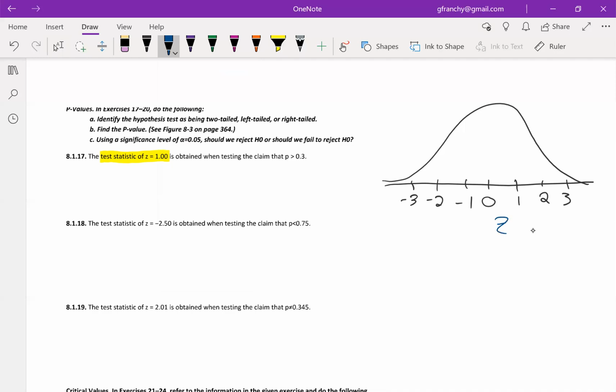It represents how many standard deviations away from our claim value our sample result was. So what's the likelihood of getting our sample result or something more extreme if our claim value was indeed true? Here our test statistic is 1.0, and we're going to see in example 17 that this is a right tail test.